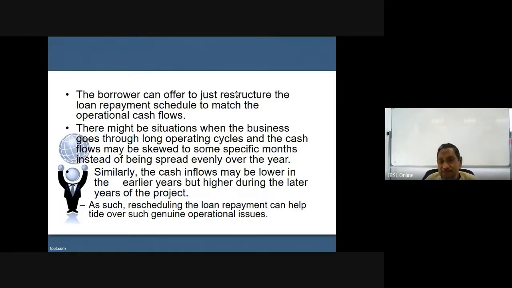Number of days means, first start with the inventory holding period in days, plus the debtors collection period, minus the creditors payment period. You get the cash cycle. If the cash cycle is expanding, that is a management weakness, as I discussed earlier. It has to be managed properly.